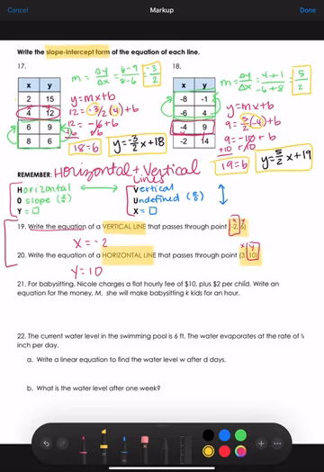Okay, so Nicole is babysitting and is just talking about how much she charges per hour. And so it says she charges a flat hourly fee of $10. So a flat fee means it doesn't change. So every hour she's going to charge $10 no matter what.